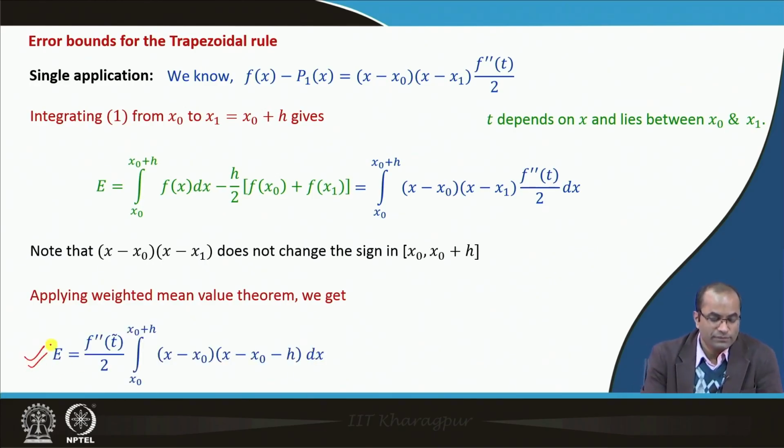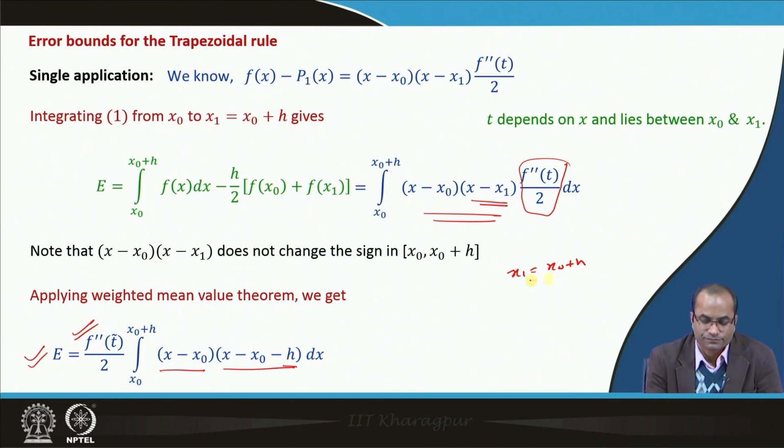So, the mean value theorem says that this function f double prime we can bring outside the integral, and then we have this integral from x naught to x naught plus h, x minus x naught, and this also we have written as x minus x naught minus h, because x 1 is x naught plus h.